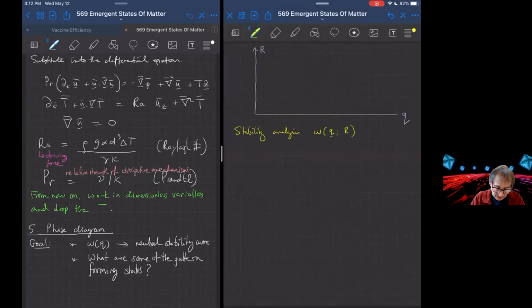And then what we're going to define is the neutral stability curve. That's the locus of points where the real part of omega of q and the control parameter R of q is equal to 0.